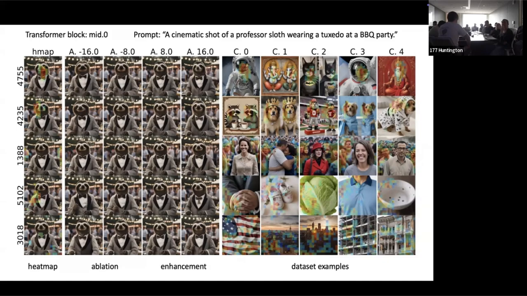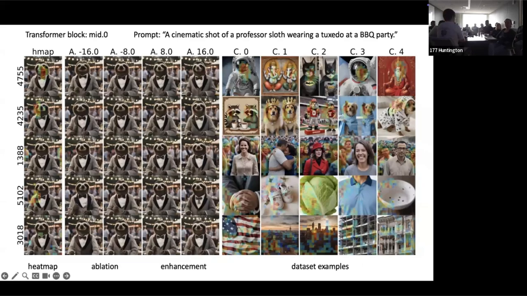Yeah, but these are the 5 most active features in the Tuxedo Professor Sloth prompt, and now we are just locally cranking the strength up and down, and it has some subtle effects that are really difficult to describe.